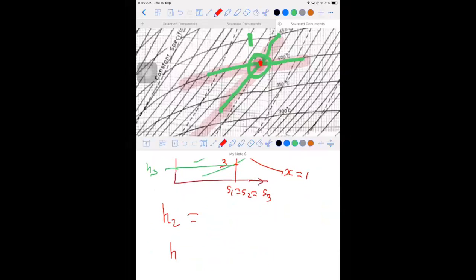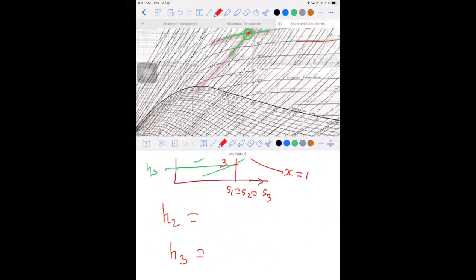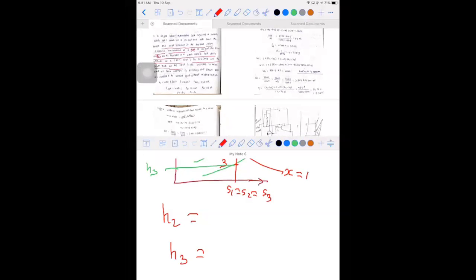And what is the H3? Come on. Please let me know the values of H2 and H3.